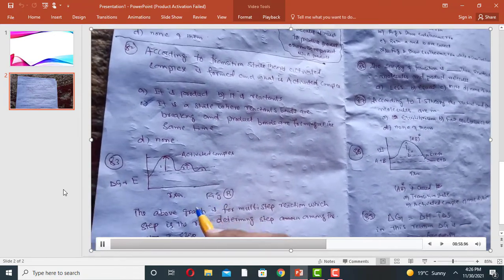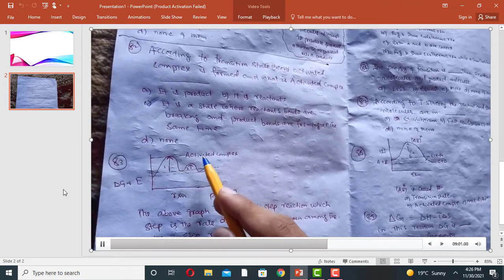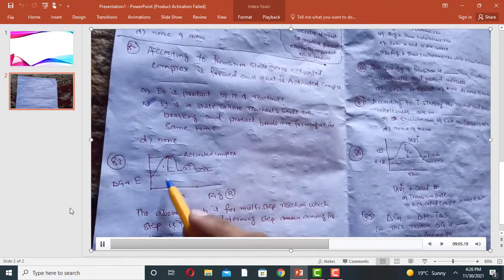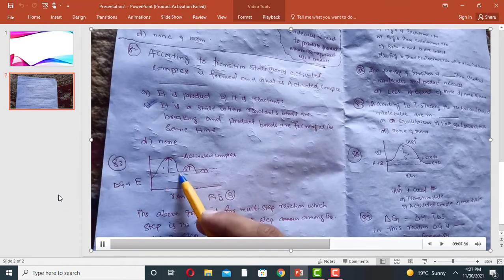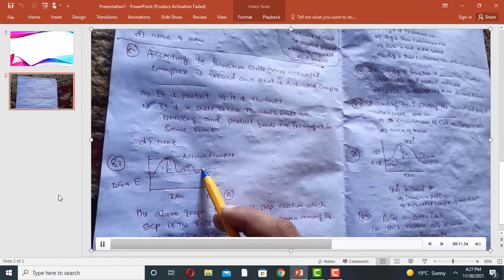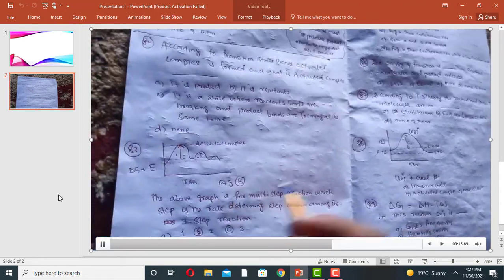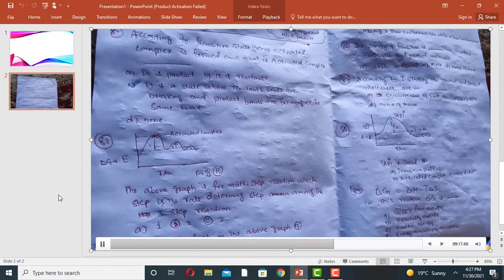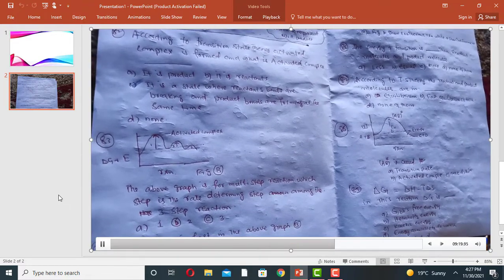This figure shows many reactions. This is an activated complex, this is another activated complex, this is the reactant, this is the product, and again an activated complex and the product. So this reaction occurs in 3 steps. In the above graph for multiple reactions, which step is the rate determining step?